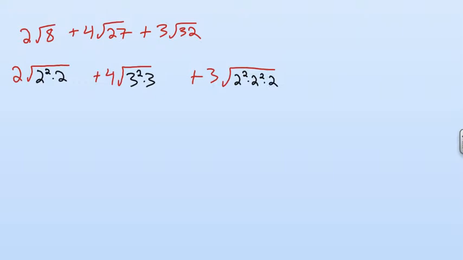Okay, so then in this first one, the 2 squared gets to come out. It's a perfect square. The other 2 is stuck in. In the second one, the 3 stays in, and the other 3 gets to come out.